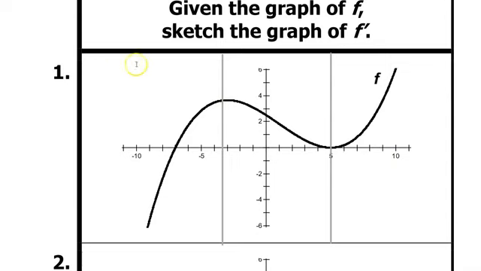Now I'm going to highlight at the top to show where these intervals are. So this is the interval where function f is increasing, and then it's decreasing from here to here, and it is again increasing from here on.